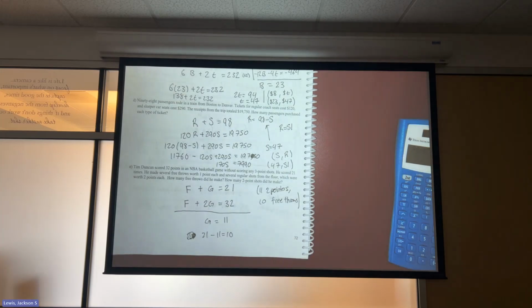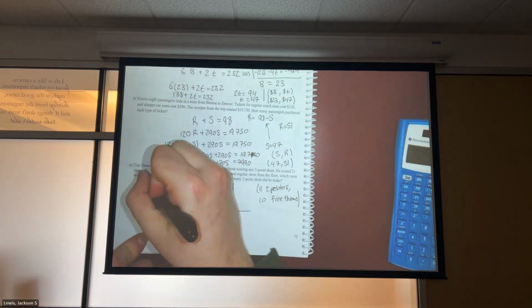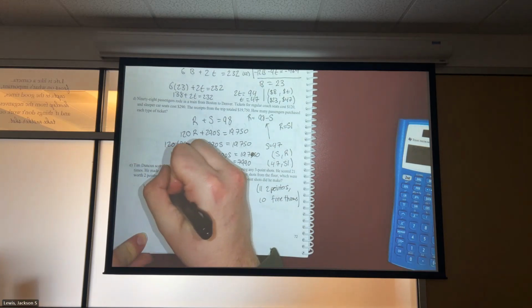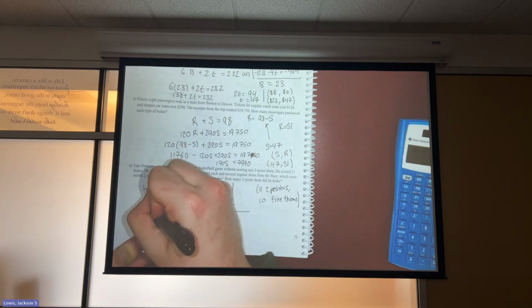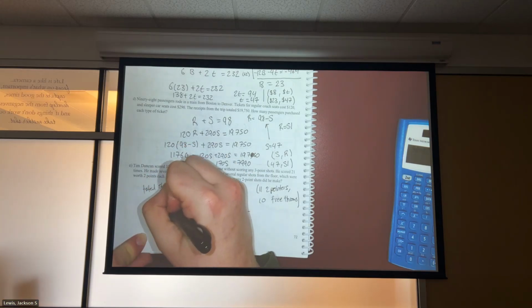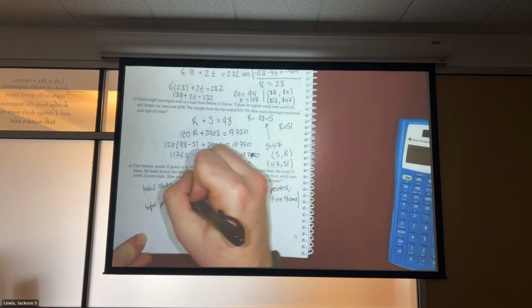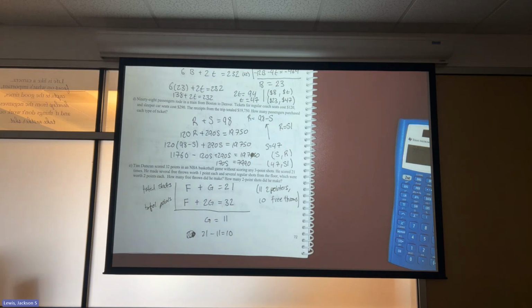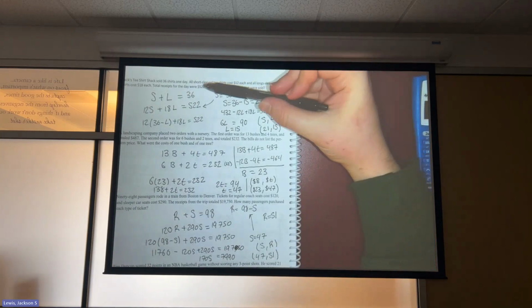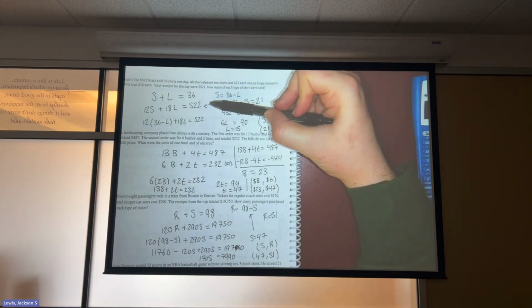So overall, this was a pretty simple example to put together. It was just kind of labeling them and everything. This was total shots. This was total points. Every time we do a problem like this, it'll give me 2 totals. For instance, up here, it gave me total shirts and total value.